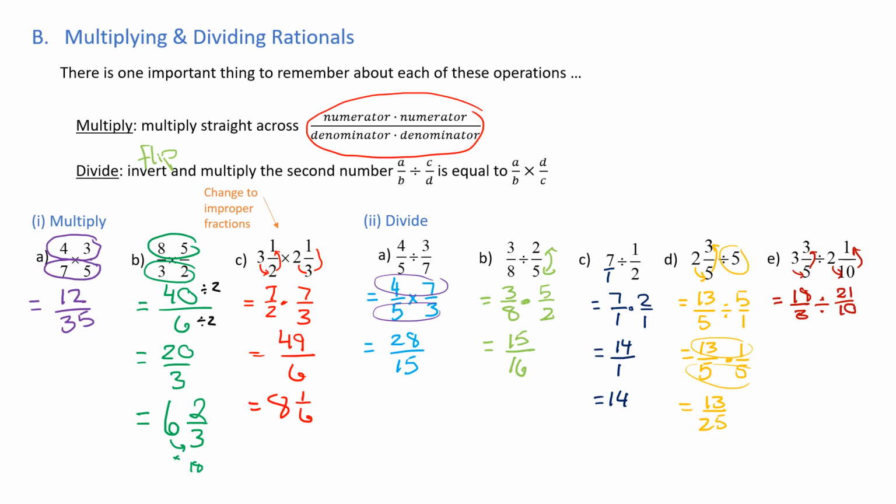So now that I've changed them to improper, I can invert and multiply, or multiply by the reciprocal. So the first number stays the same. The second number flips, 10 over 21. Now we are on to multiplication, and we have some big numbers. We haven't really had any big numbers here. So there is something we can do.